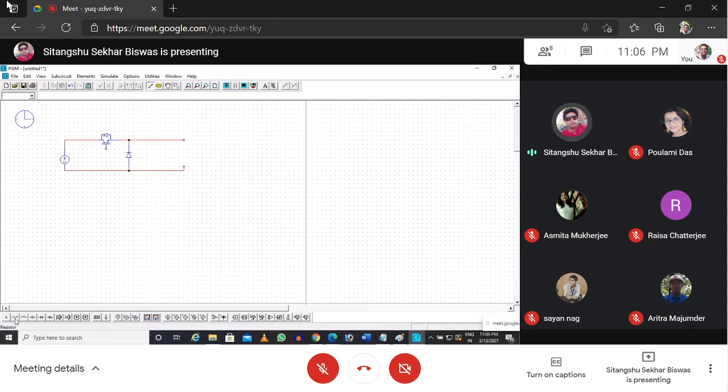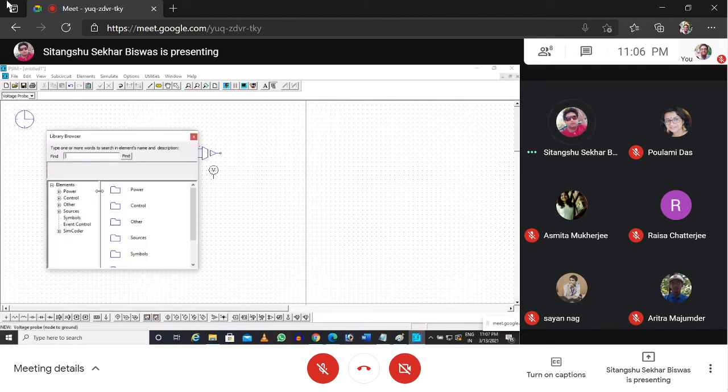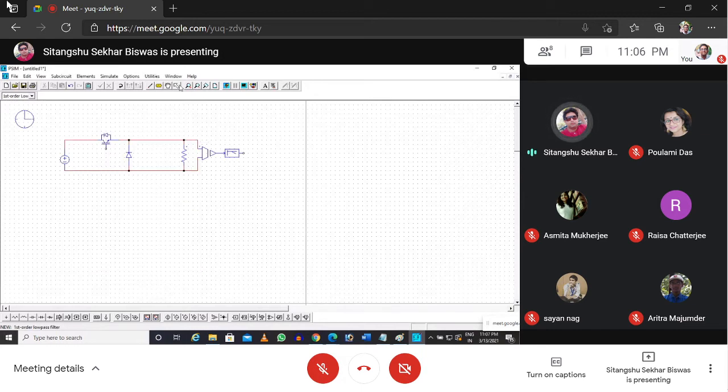Here I will apply some load, and this is my voltage probe. And here I will take one low pass filter. This is the ideal case I am simulating.